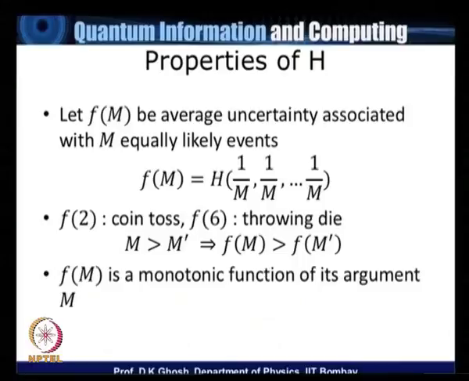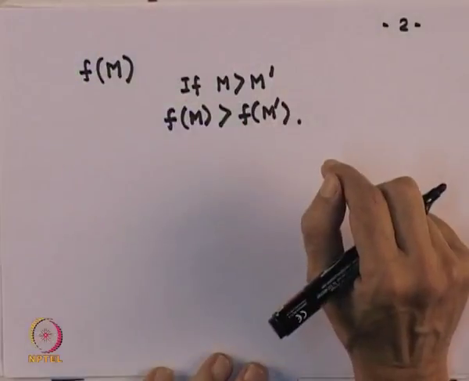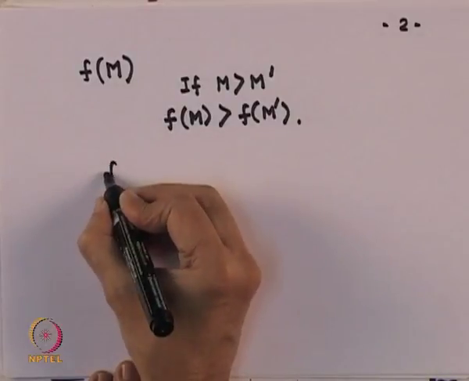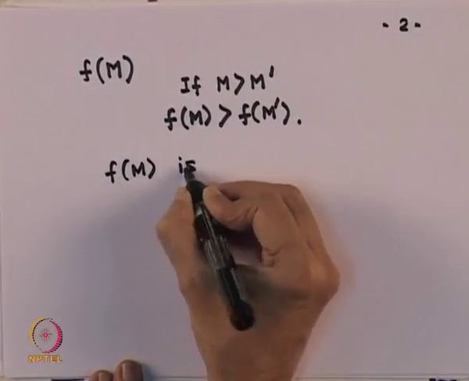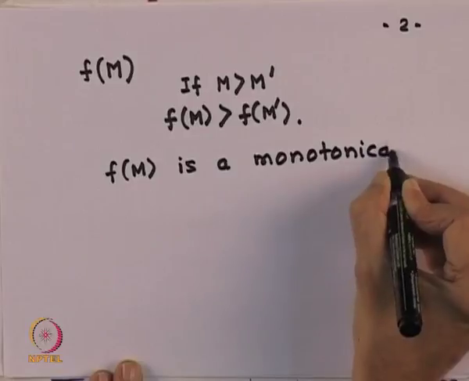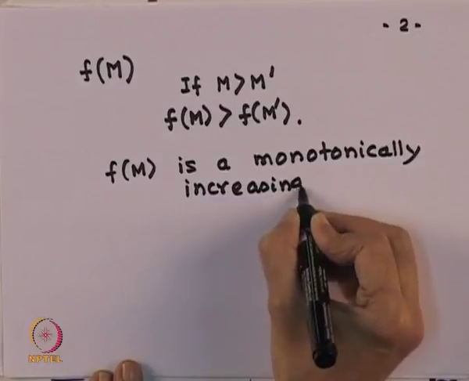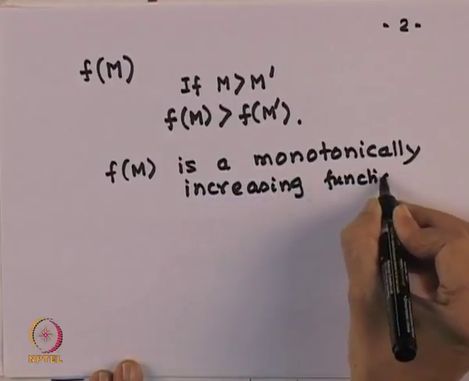I have only two alternatives, so the corresponding probabilities are 1 by 2, 1 by 2. And supposing I am talking about throwing of a die, then obviously I am talking about 1 by 6, 1 by 6, 1 by 6. In other words, f of m is a monotonically increasing function of m.